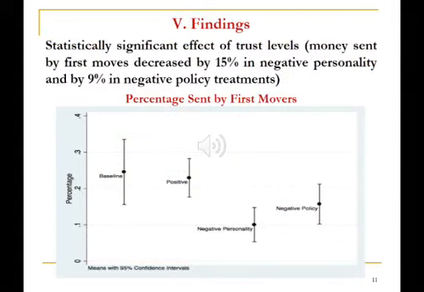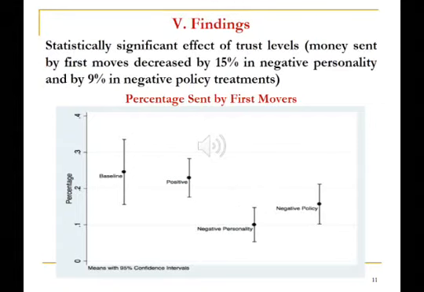So this is our main finding. We do observe some statistically significant effects on trust levels in the negative personality treatment. So subjects that watched the video that reported party A and party B attacking the personality of each other, the money sent by player A, or first movers, to player B was 15% lower than the control.